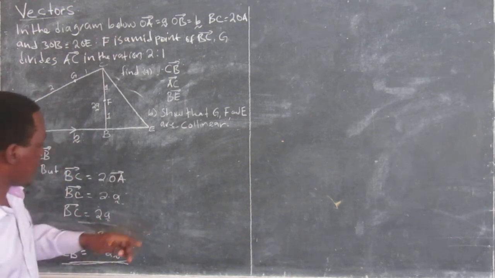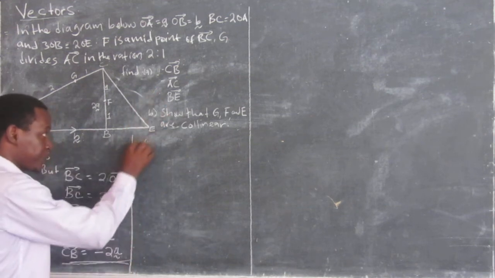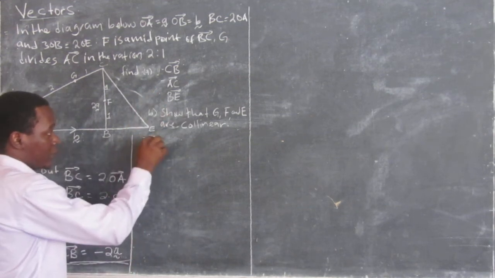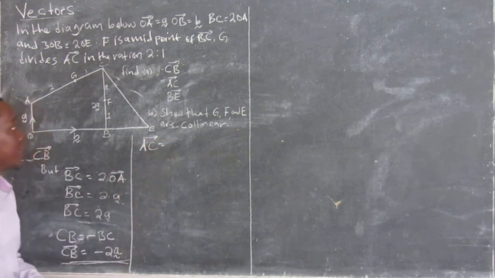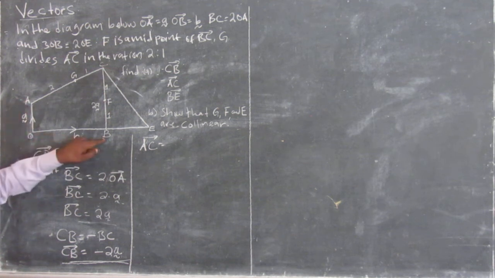Then our next part is telling us that we should solve what we call AC. If you look here in our diagram, A to C. To get AC, you can move from A to O, O to B, and B to C. Are you seeing that?